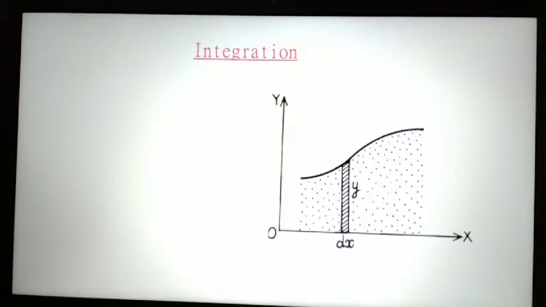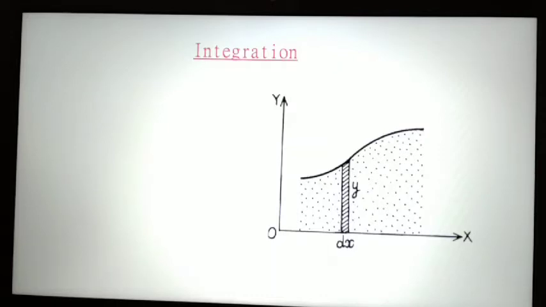Which means as x changes from x1 to x2, left extreme to right extreme, y varies from y of x1 to y of x2.